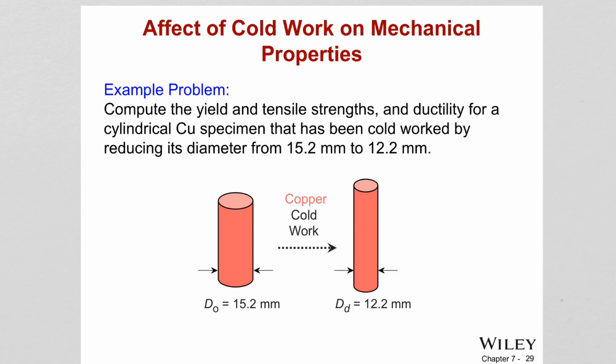Example: compute the yield and tensile strengths and ductility for a cylindrical copper specimen that has been cold worked by reducing its diameter from 15.2 mm to 12.2 mm. So what you need to do is calculate the percentage of the cold work.